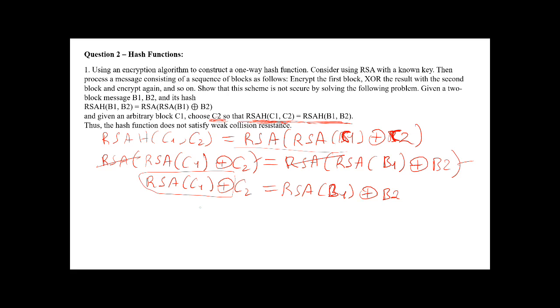So the reverse of XOR is another XOR. So here, we can just reformulate the equation as follows. C2 equals RSA of B1 XORed with B2, XORed with RSA of C1.